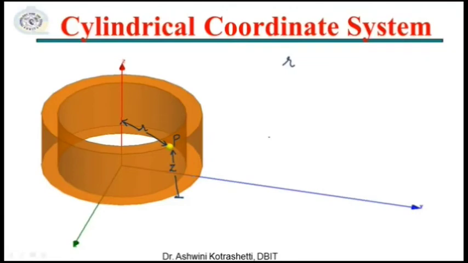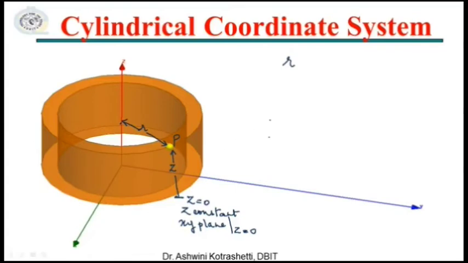The pipe is sitting over a plane which is z equal to 0, a z constant plane, which we also call the xy plane where z is equal to 0. Now, this gives us the height information and the radius.